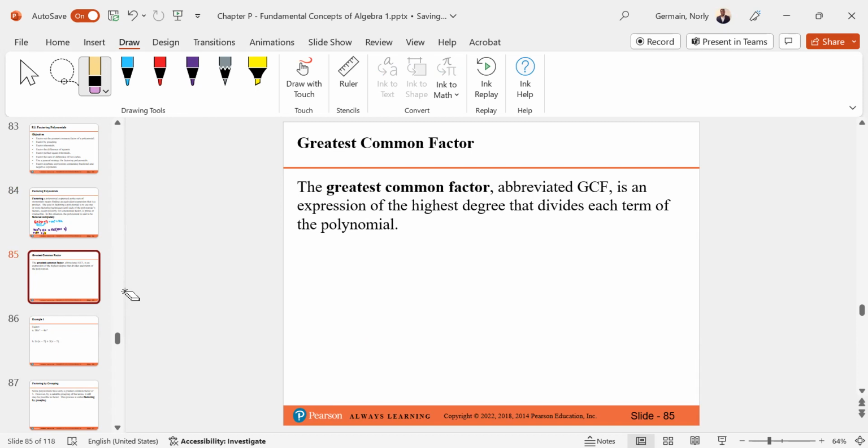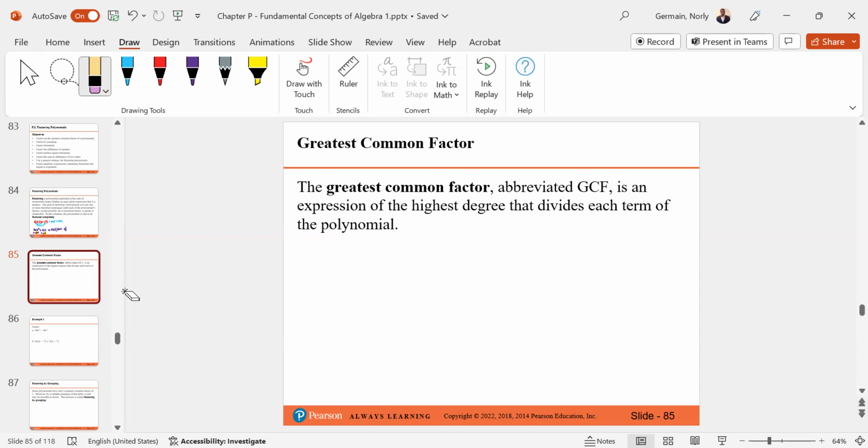We rarely say greatest common factor; we only say, find the GCF. The GCF is an expression of the highest degree that divides each term of the polynomial. We need to remember that it divides each term of the polynomial. It is the distributive property in the reverse direction, and you can also distribute after you factor.